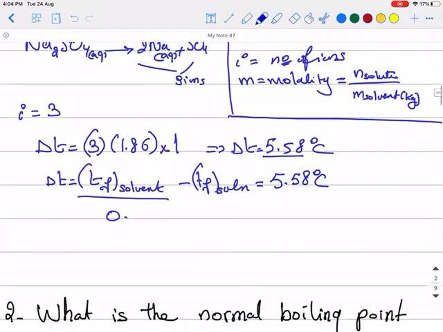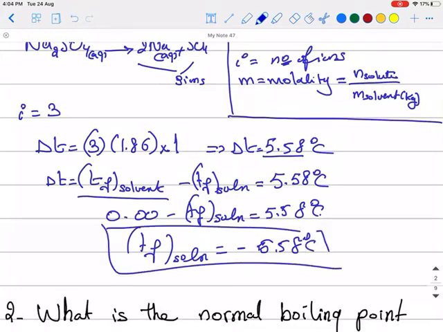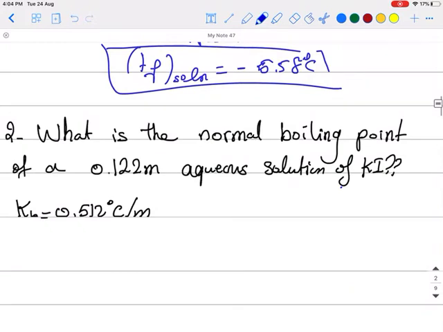The freezing point of water is 0 minus T freezing of the solution equals 5.58 degrees Celsius. So simply T freezing of the solution is minus 5.58 degrees Celsius, and this will be the answer for this problem.